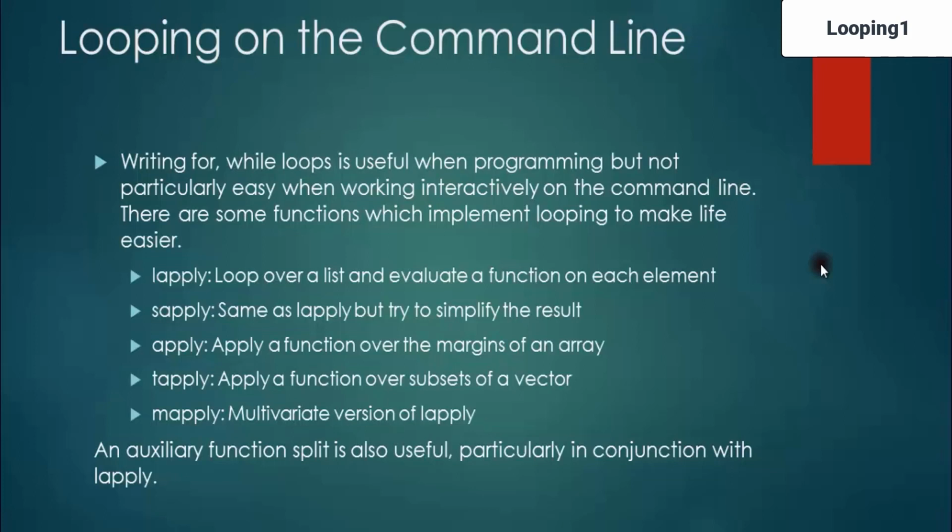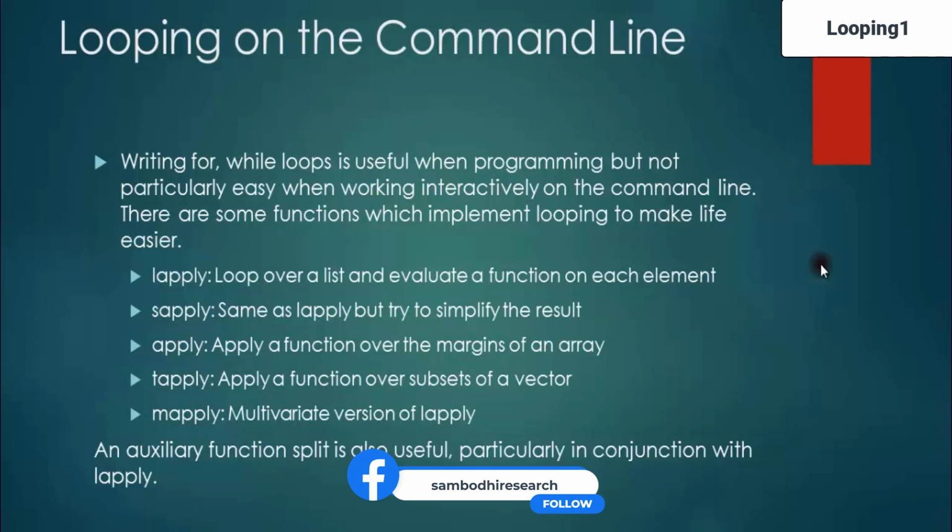For example, in R programming especially, you have functions called lapply, sapply, apply, tapply, and mapply. What do these basic functions do? lapply loops over a list and evaluates a function on each element. sapply is the same as lapply, it loops over a list and evaluates a function on each element, but it tries to simplify the result.